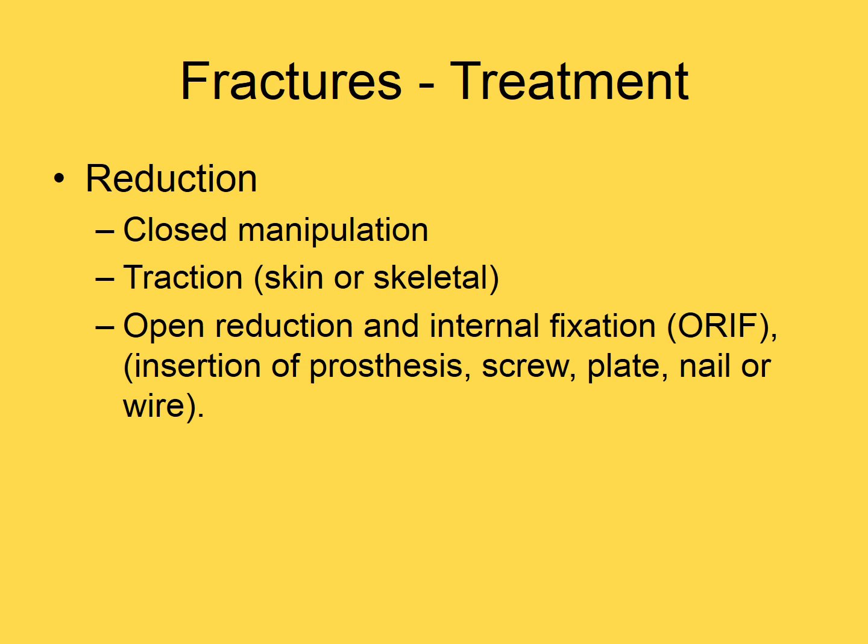A cast may be applied following the reduction. Versus an open reduction, this involves a surgical intervention, right? May be treated with internal fixation devices, right? Like screws, plates, nails, wires. The client may be placed in traction or a cast following the procedure.